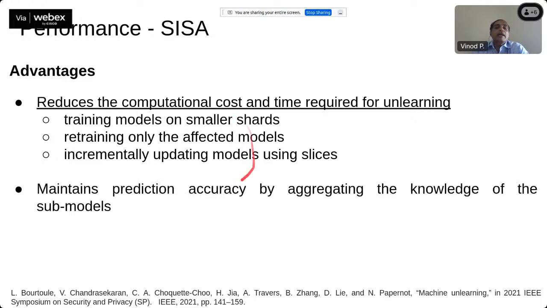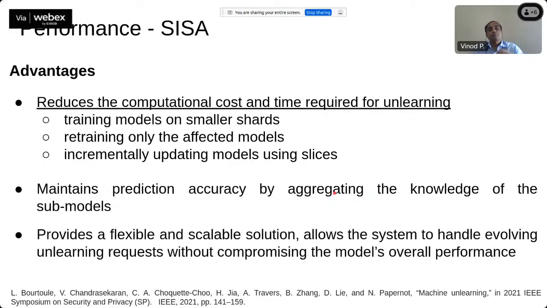The second thing is that we are using an aggregation function, maybe averaging, weighted average, or majority voting. The majority of the information memorized by all other models, from model number 2 to n, is effectively contributing because it has not changed. Only model number 1 has changed. So it maintains prediction accuracy by aggregating the knowledge of the submodels.